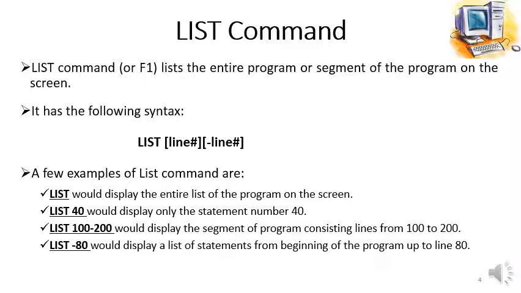If we write list dash 80, what does it mean? This dash means up to 80, but the starting point is not given. It means that it would display the statements from the beginning of the program up to line 80. From the start till line number 80, that will be displayed.